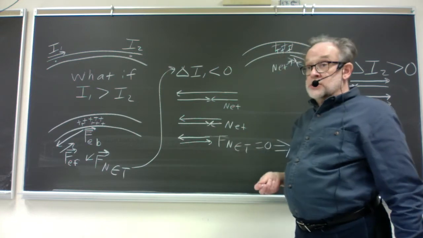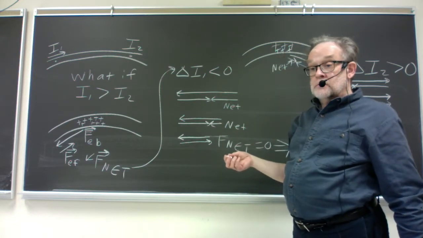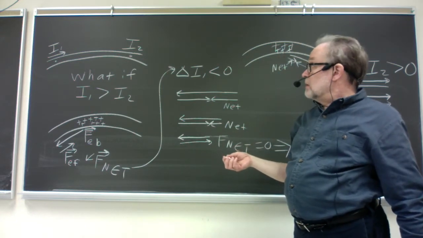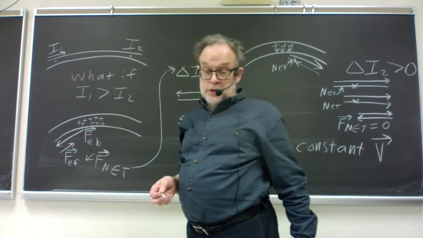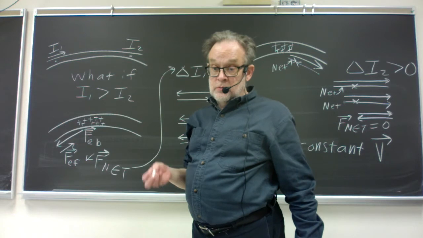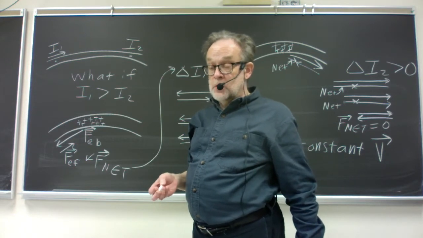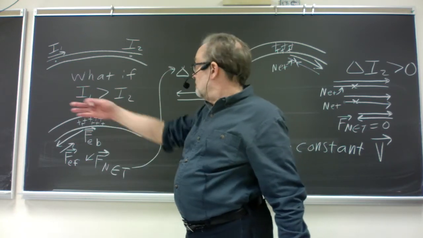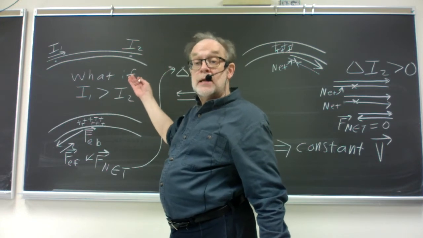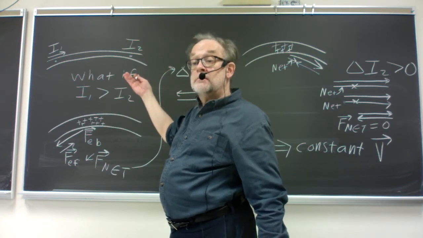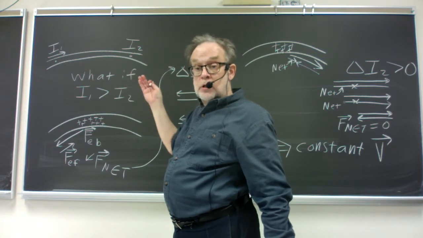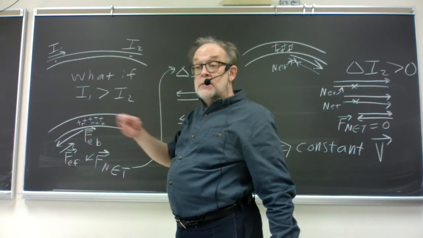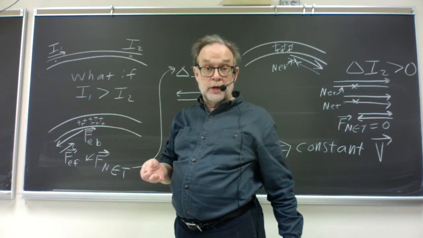So the result is, over the long term, those 2 points can't have different values for current. Or to put it more generally, the current is the same anywhere inside an electric circuit or in any path through which current is flowing.